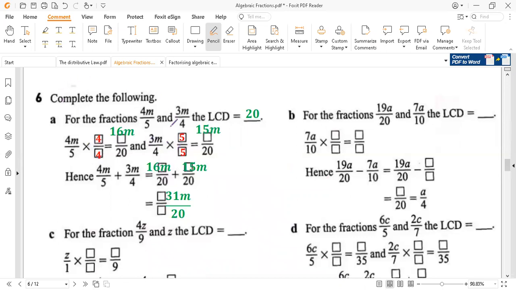What about adding? To add, as we explained before, we search for the LCD. So it is easy to, for example, find the lowest common denominator for 5 and 4.